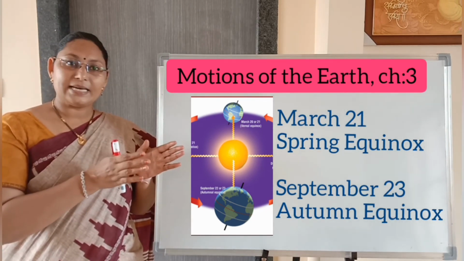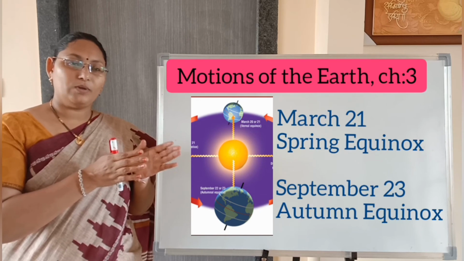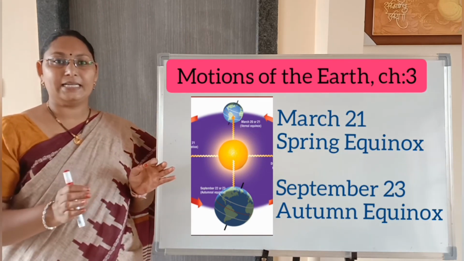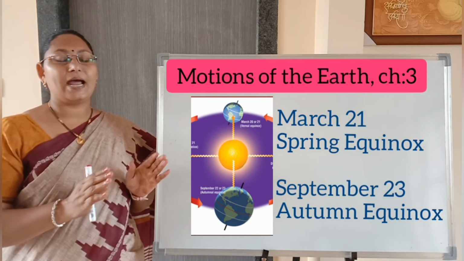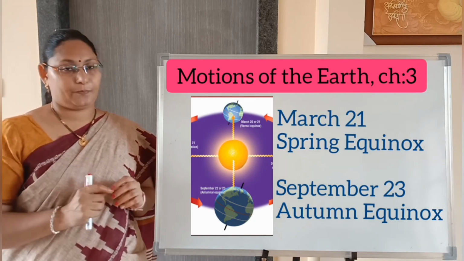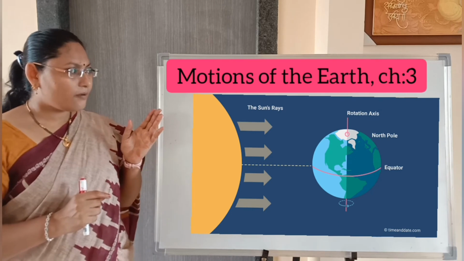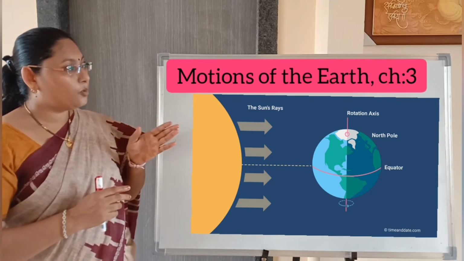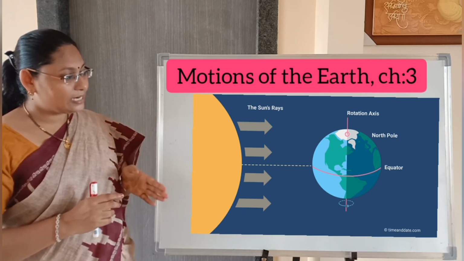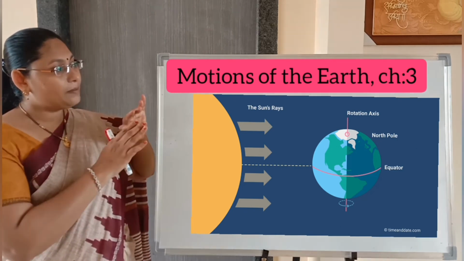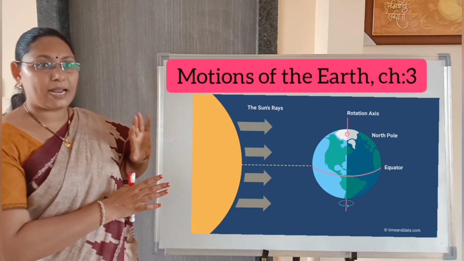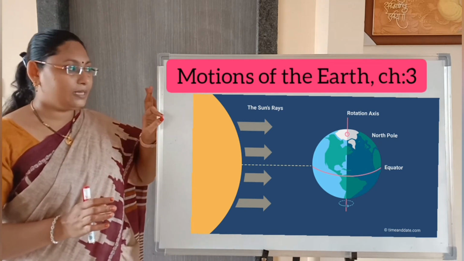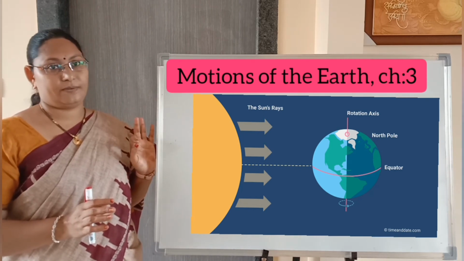So while the sun rays hit the equator, what will happen? Both northern hemisphere and southern hemisphere will get the same length of day and night on these 2 days. This happening is called equinox.